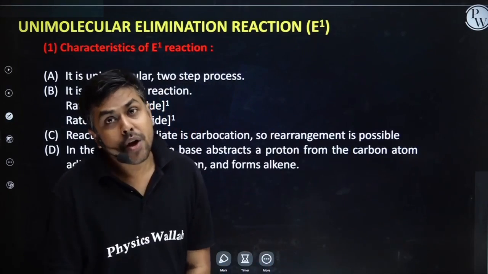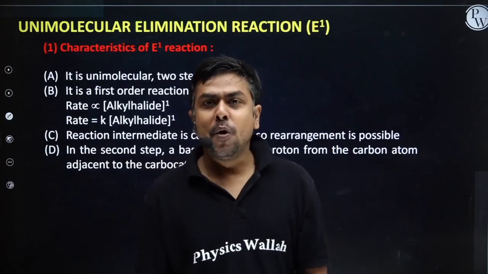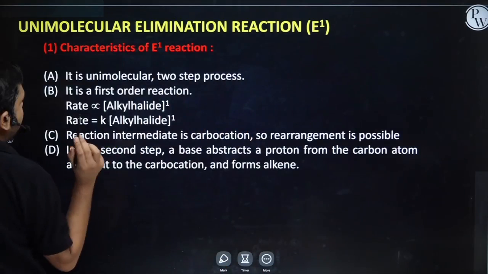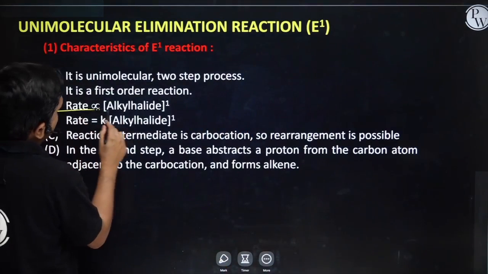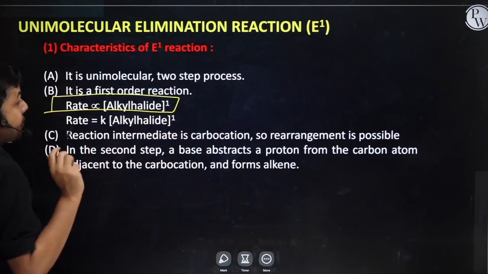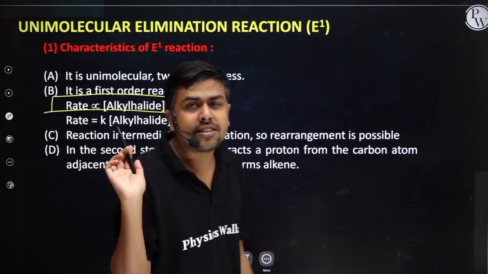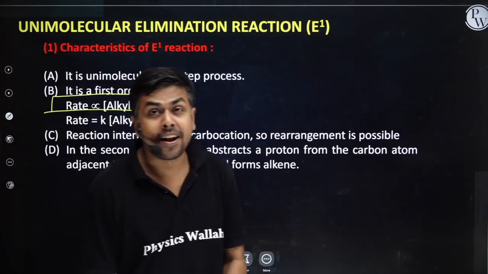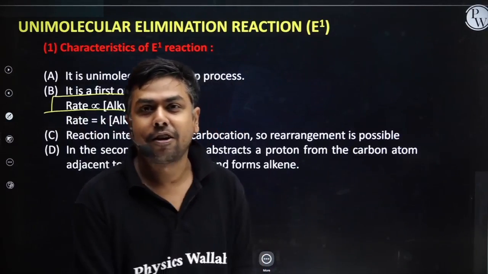Am I clear? Whereas a stronger base will promote E2 reaction. Here, if I talk about the rate law of this reaction, rate is directly proportional to concentration of alkyl halide, just like SN1. More is the concentration of alkyl halide, faster will be the rate of reaction.